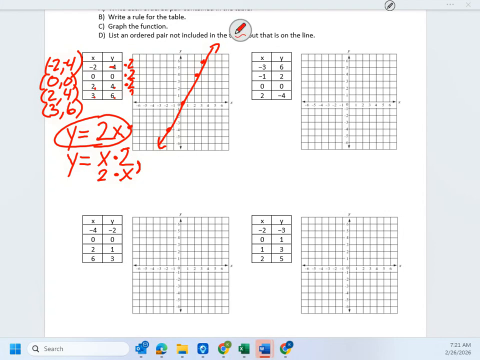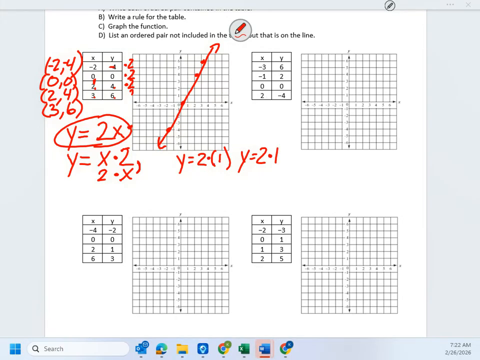The last step, I'm going to take my rule, y equals 2x, and I'm going to put in an x that is not already listed on my function table. Again, I don't see a 1 on my function table, so I'm going to put a 1 in for my x, so y equals 2 times 1. That's the same as writing y equals 2 times (1), when you have a parentheses around it.